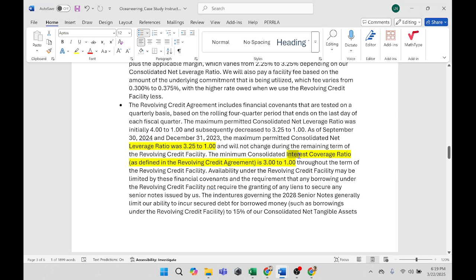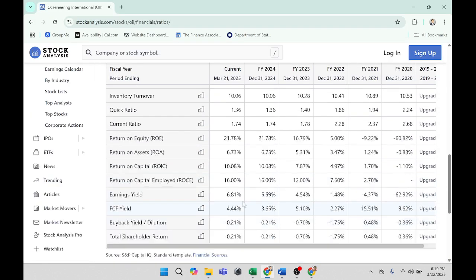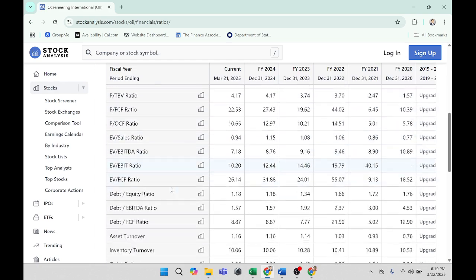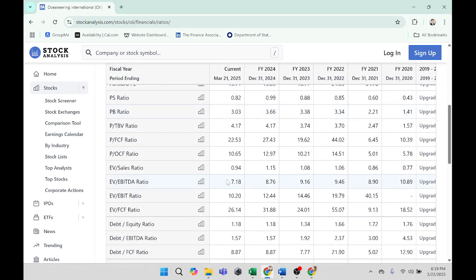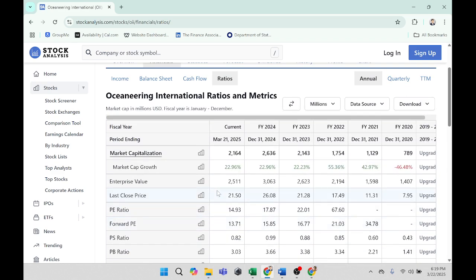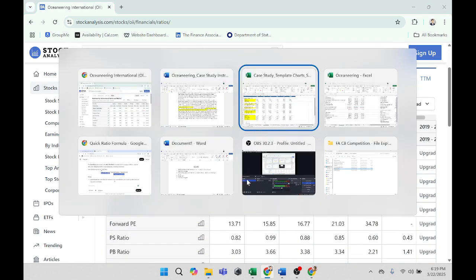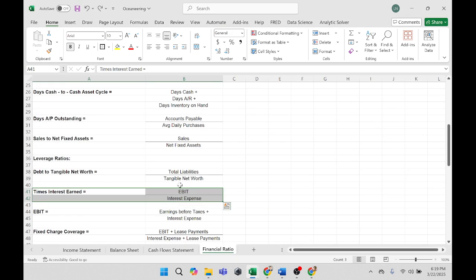The next one is the interest coverage ratio, and it said that it has to be greater than 3. There is an interest coverage ratio on this website, but how could you find it? If you remember when I talked about it, times interest earned is just the same thing as coverage ratio.